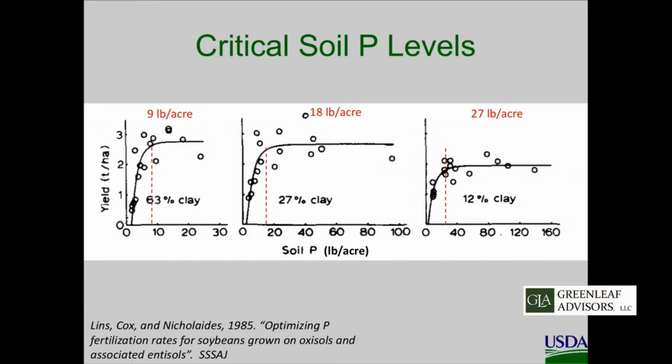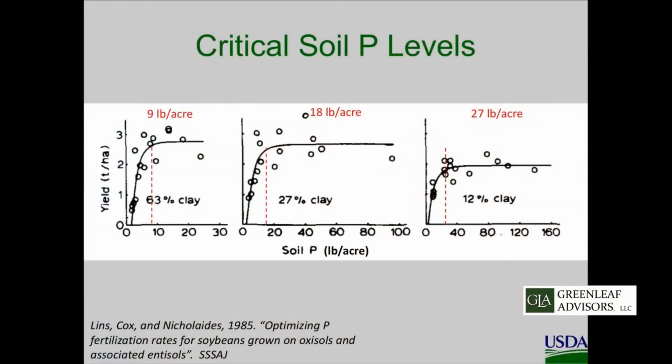Again, this is Mehlich 1, so if you're thinking Mehlich 3, don't be shocked. 9 pounds per acre is what you need to hit maximum yield in that first soil. Second soil, critical level is 18 pounds per acre. Third one, 27 pounds per acre. So it varies not only as a function of texture, but mineralogy, and pH is a big one. I don't have time to go through how all the soil properties are going to affect this, but I'll just mention some of the big ones here.